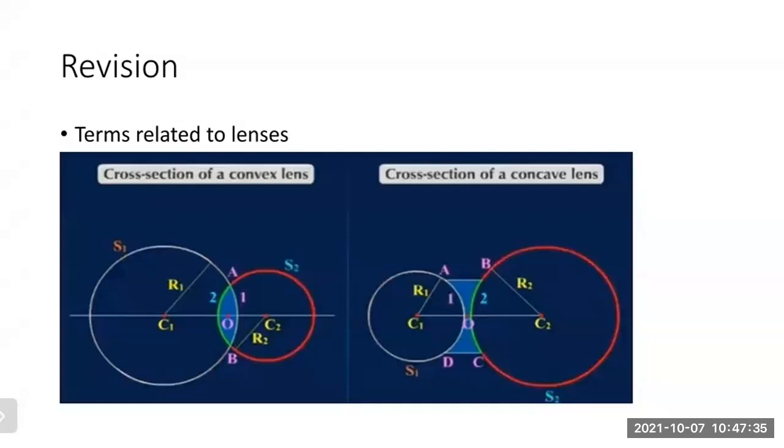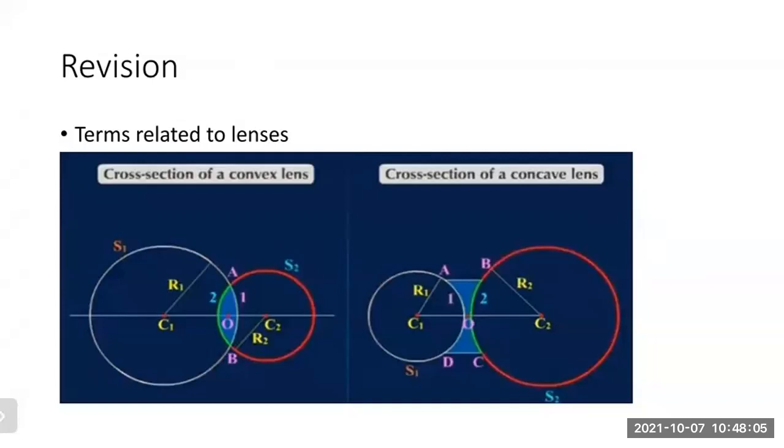The convex or concave lens is actually formed from spheres. The convex lens is formed by the intersection of the two spheres, that is S1 and S2, right? And the concave lens is formed from the space available between the two spheres.